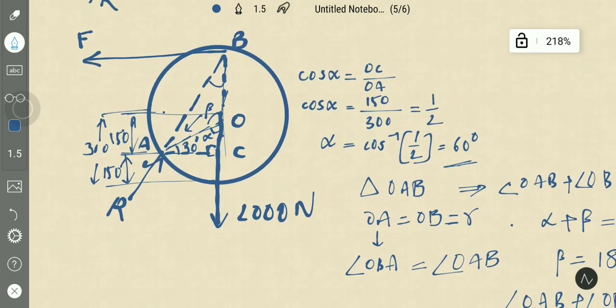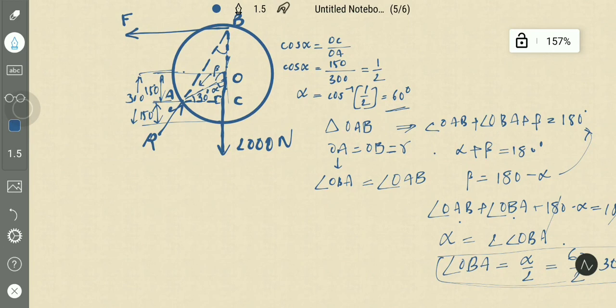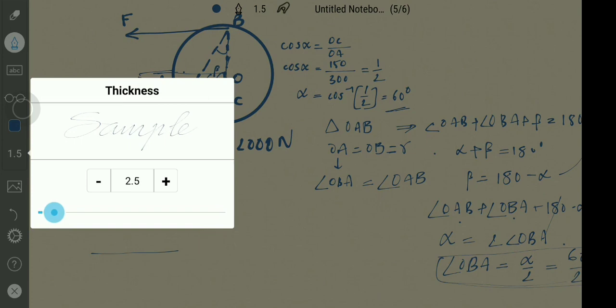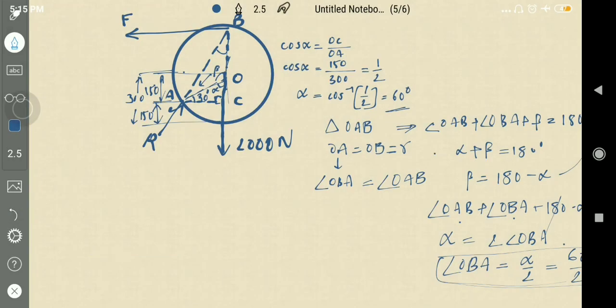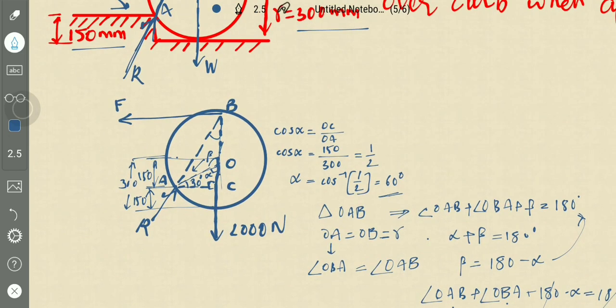If we form it as a Lami's theorem problem, considering this point B, this is force F, which is to be pulled with, and by law of transmission R can be drawn like this.